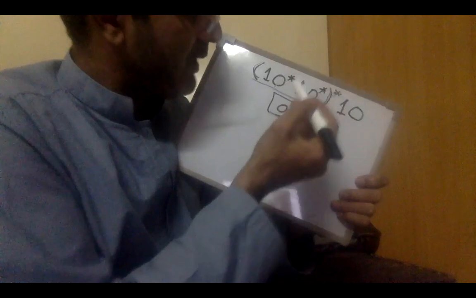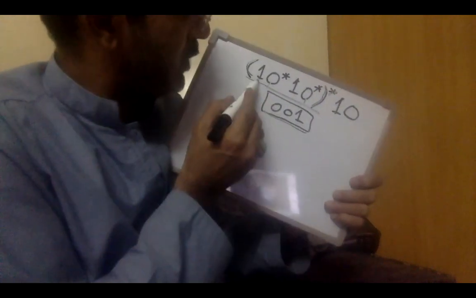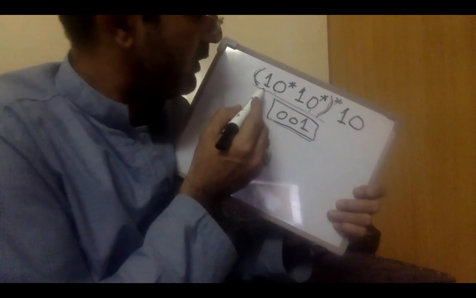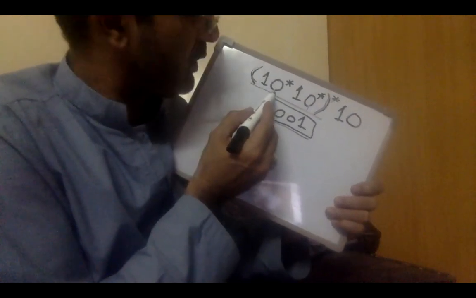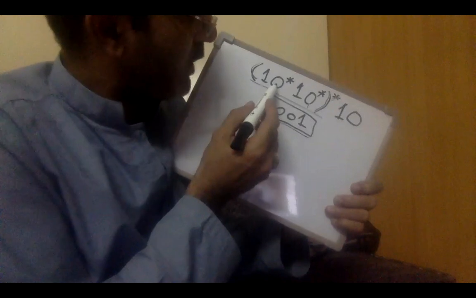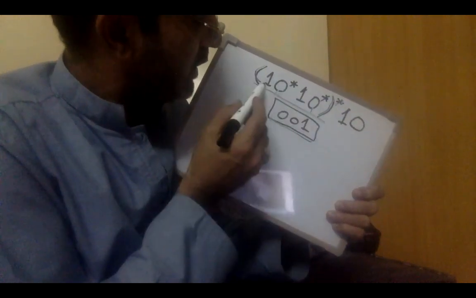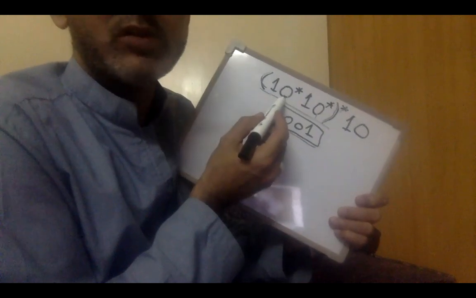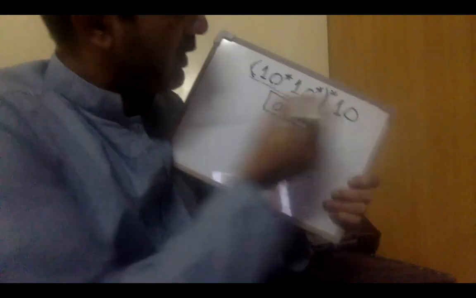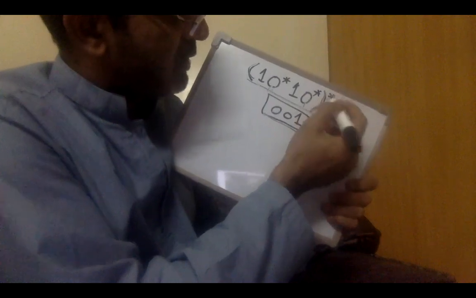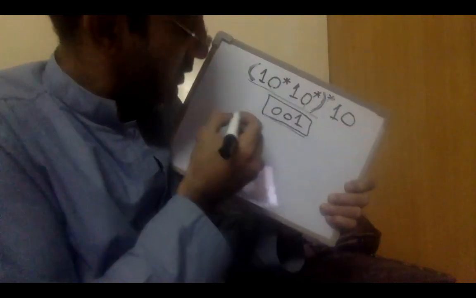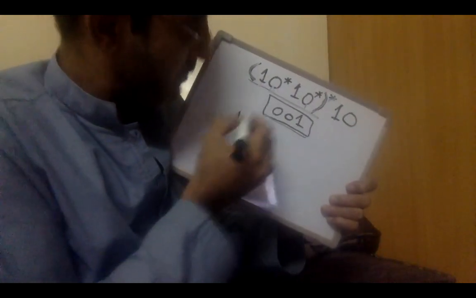But it is not possible, because then this 1 will come as a compulsory part of the string that you get from here. If you are getting 0 from here, then this 1 will come automatically along with it. For example, I can produce null, and then if you repeat this whole portion one time, this 1 will come.